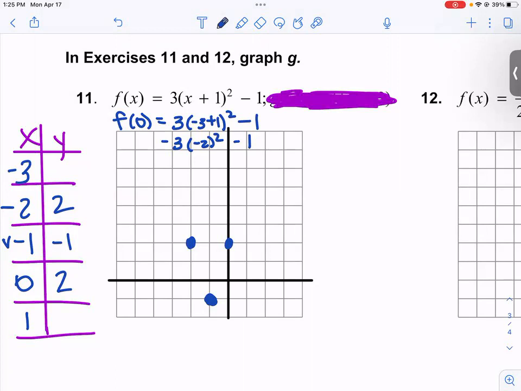Oh, this isn't negative. 12 minus 1 is 11. I was right. Oh, you know what I meant.